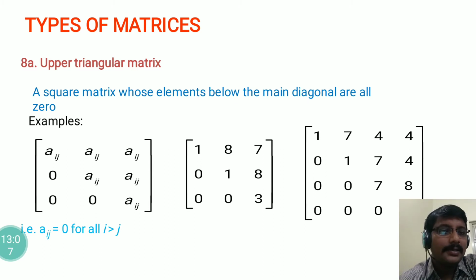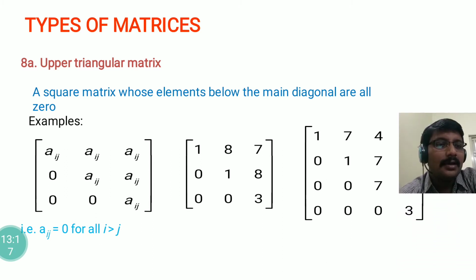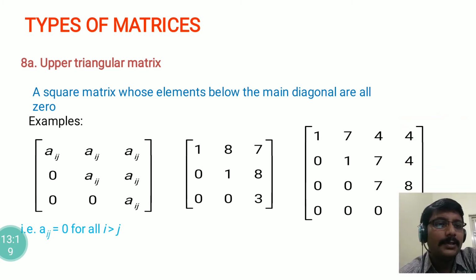In the last example, that is a 4 by 4 matrix, all the elements below the principal diagonal are zeros. So these matrices are called upper triangular matrices. So once again, a square matrix whose elements below the main diagonal are all zeros is called upper triangular.